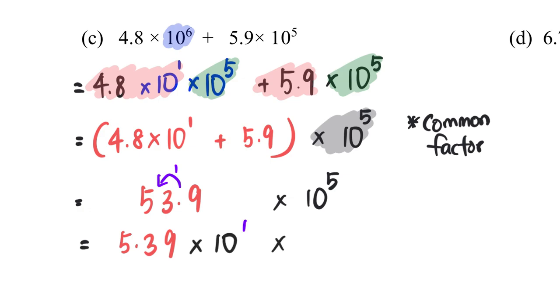Still got my 10 to the power of 5 down there. And so finally, you will get the final answer as 5.39 times 10 to the power of 1 plus 5, which will be 6. And that will be the standard form for part C.